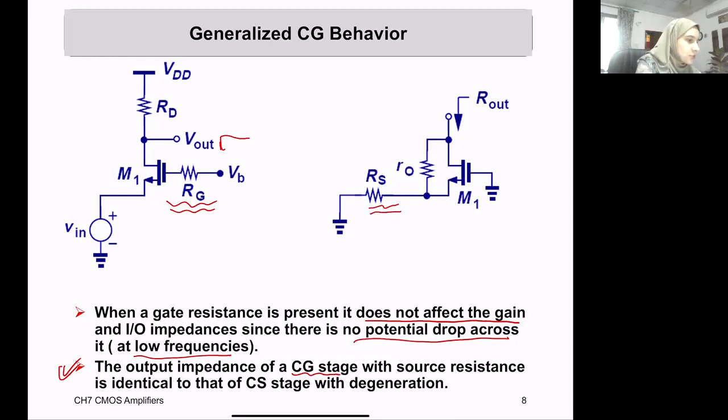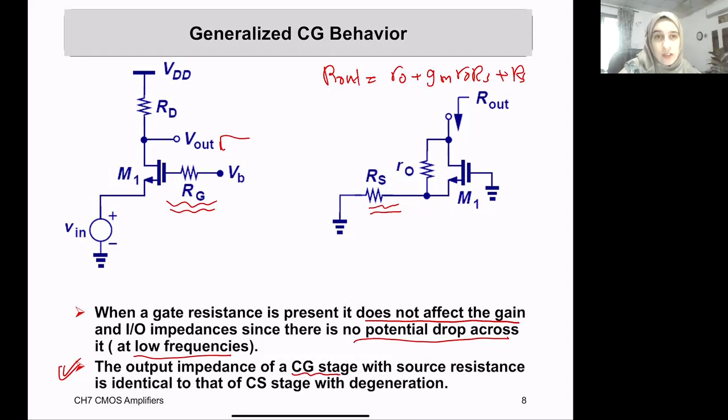You remember that relation, Rout equals Rout plus Gm Rout Rs plus Rs. That was the impedance in case of the common source with degeneration. It will be the same here in the case of the common gate with the source resistance, and you can prove it. Why is it the same?